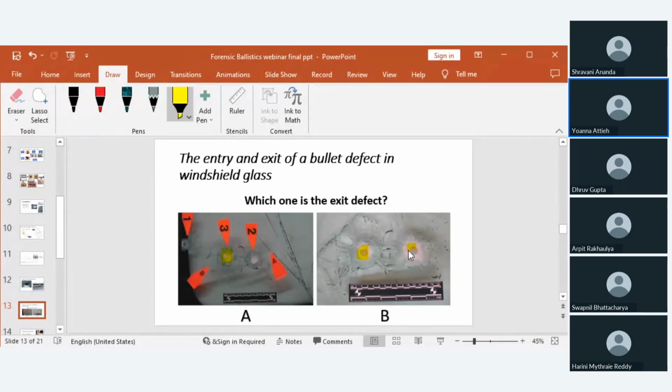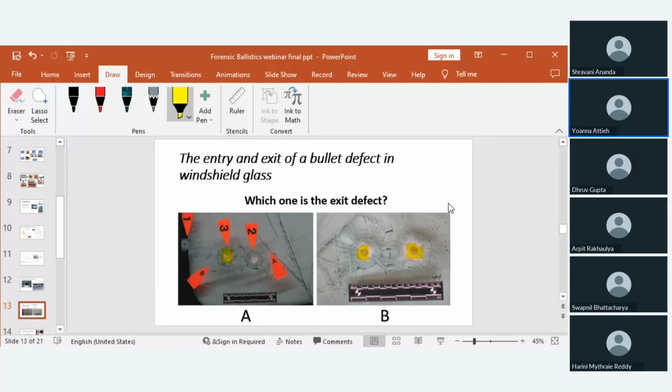Okay. The question is, which one is the exit effect, A or B? What do you think? If you look at these two photos, guys, which one is the exit effect? And why?